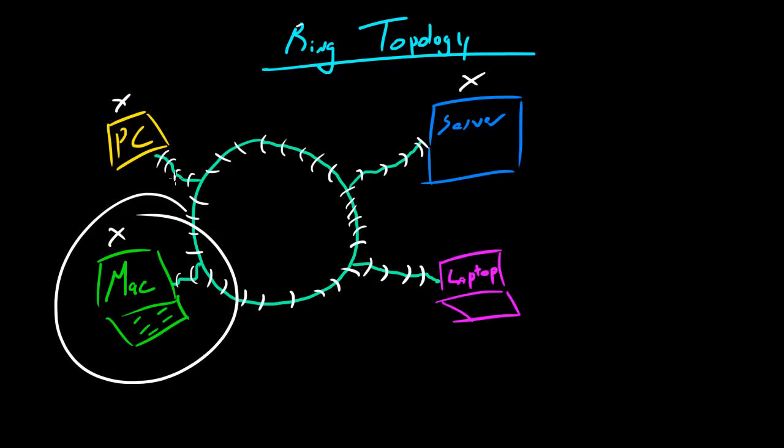Now, even though this is typically the way it works, the way they are actually built, let me just go ahead and draw this real quick. You actually have two rings. One right here and another one basically right beside it. And whenever we have this, say we have four devices, one here, one here, one here, and one here.